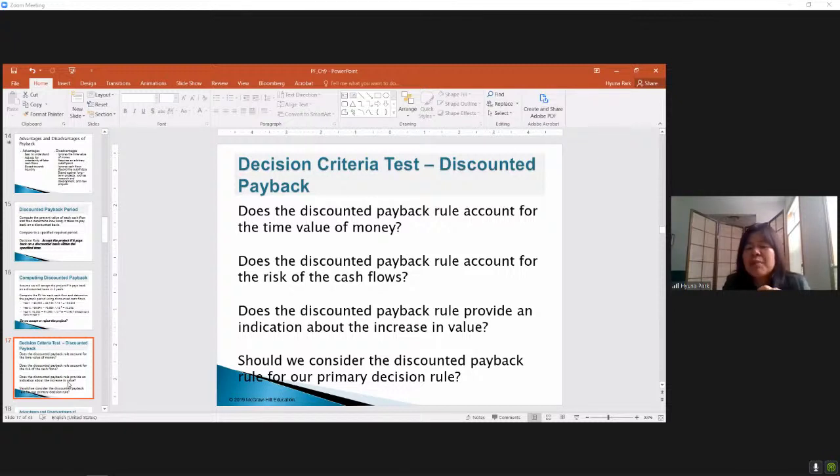Does the discounted payback rule provide an indicator about the increase in firm value? The answer is no. We don't know how much value this project creates for the company. So that's why we should not consider the discounted payback as our primary decision-making tool.